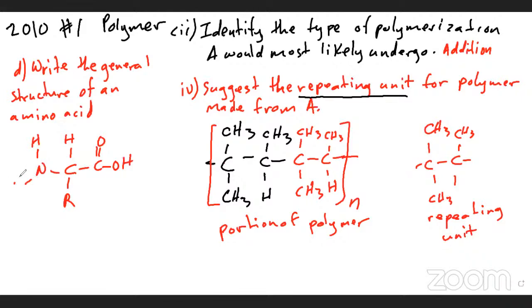So that's the general structure of your amino acid. So what's the group that the N with the two hydrogens represents? Amine. Okay, so NH2, it's amine.